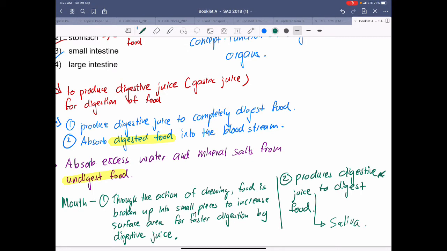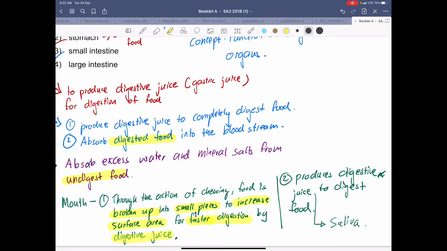Alright, so the first function, whenever you talk about breaking up food, is to increase surface area for faster digestion by your digestive juice. So you have to tell me, what are the keywords? Breaking it up, smaller pieces. What does this do? Increase surface area. Why? Faster digestion.